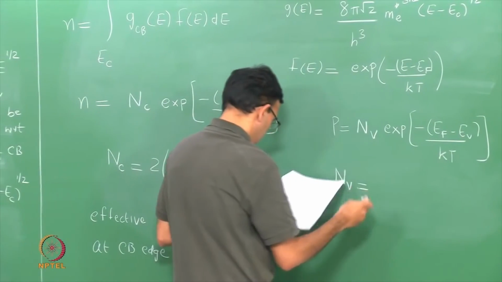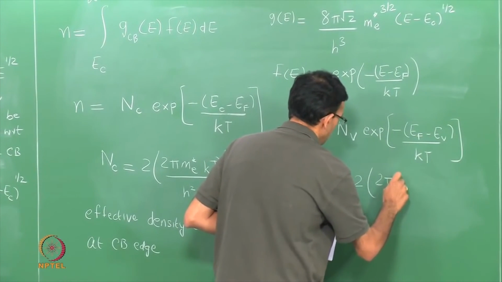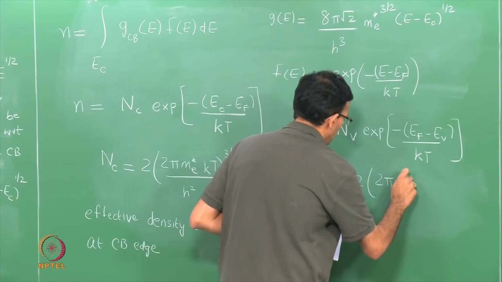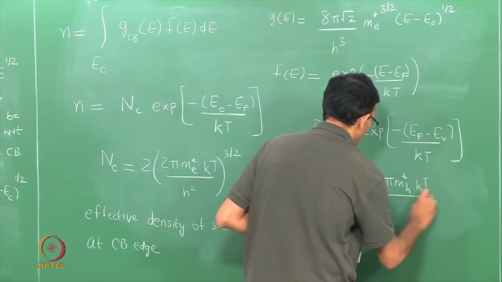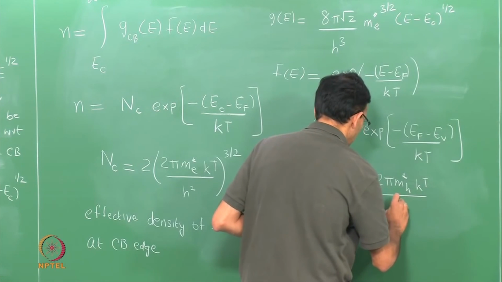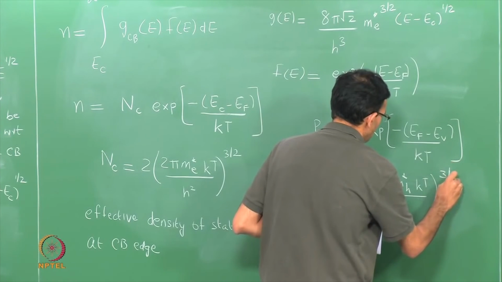Nv is 2 pi mh star, so instead of me it is mh star, kT over h square whole power 3 over 2.